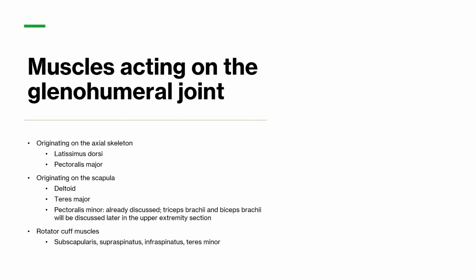Now let's talk about muscles acting on the glenohumeral joint. So here are the muscles that act on the shoulder joint. You have muscles that originate on the axial skeleton, such as the latissimus dorsi and the pectoralis major.